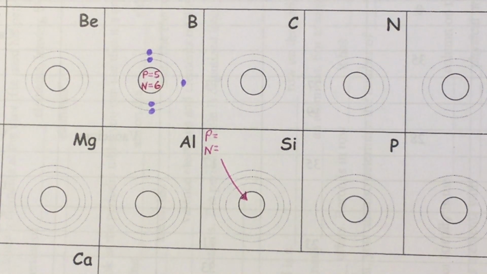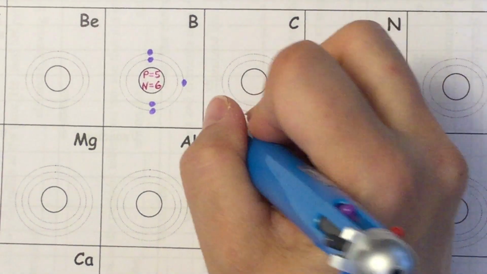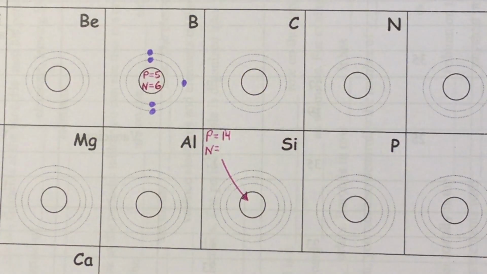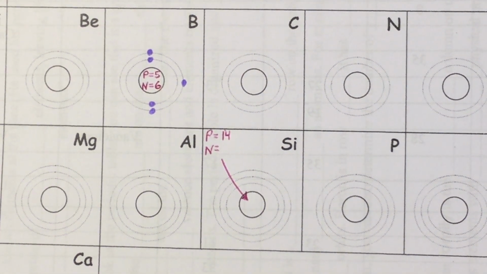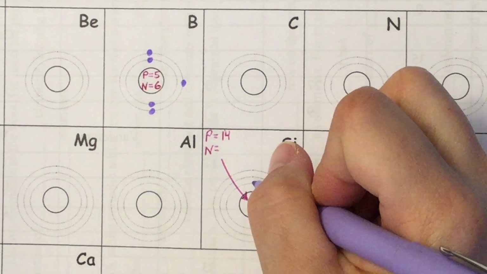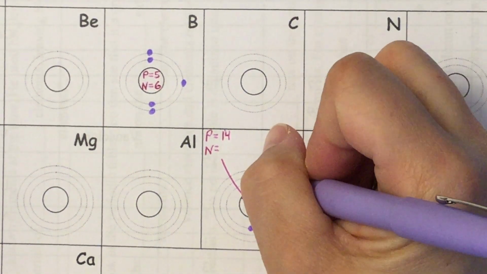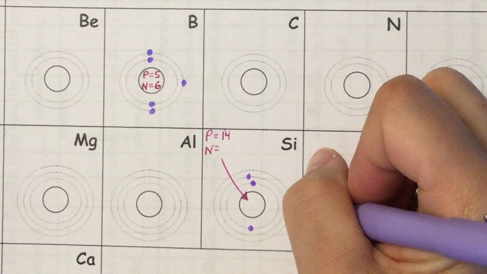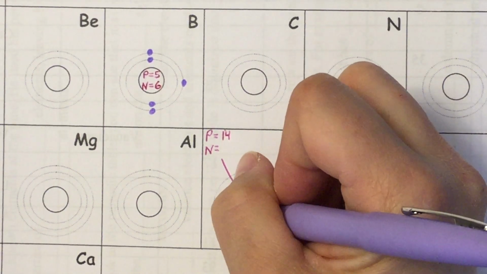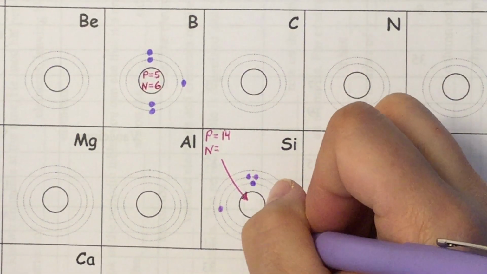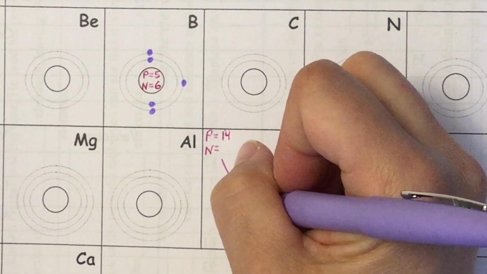So find the atomic number for silicon. What's the atomic number for silicon? 14, right on. So we're going to have 14 protons, and then we're also going to have 14 electrons. So I'm going to start up here. 1, 2, 3, 4, 5, 6, 7, 8, 9, 10.